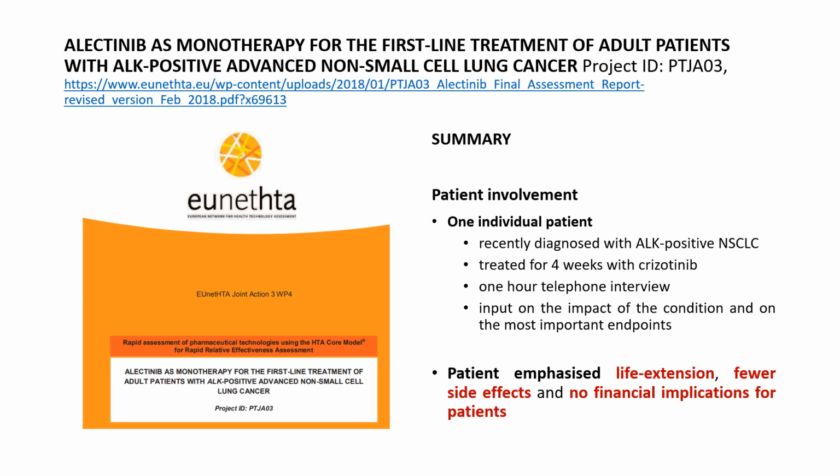In this example of one oncological drug as monotherapy for the first-line treatment of adult patients with ALK-positive advanced non-small cell lung cancer, you will see that we involved one individual patient recently diagnosed with ALK-positive non-small cell lung cancer, treated for 4 weeks with crizotinib.